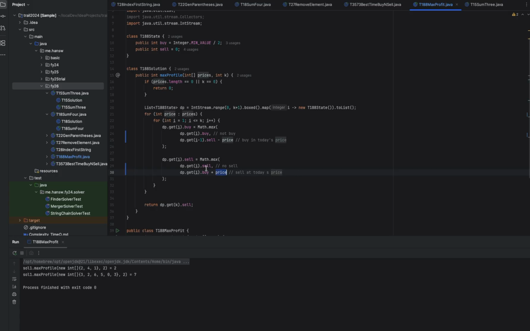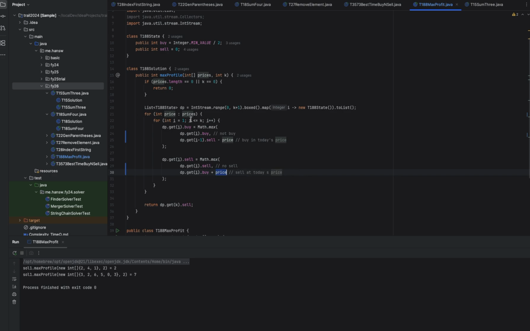Which one is higher? We settle for today's sell position if it increases the existing position to the buying position plus price. We do the sell today. If not, we default to no sell.